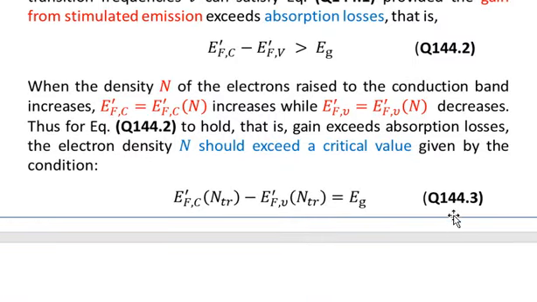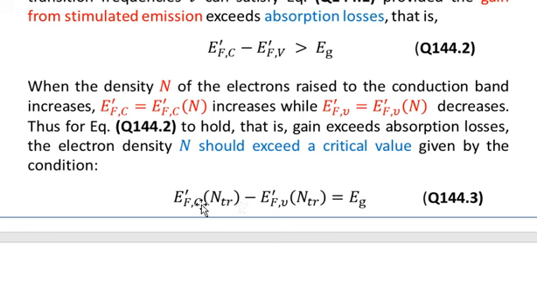In equation number 3, we discuss the density which we call the density at transparency, where TR stands for transparency, the electron density at transparency. So the Fermi level in the conduction band as a function of the electron density at transparency, minus the energy of the Fermi level in the valence band at the density of transparency, will be equal to Eg.